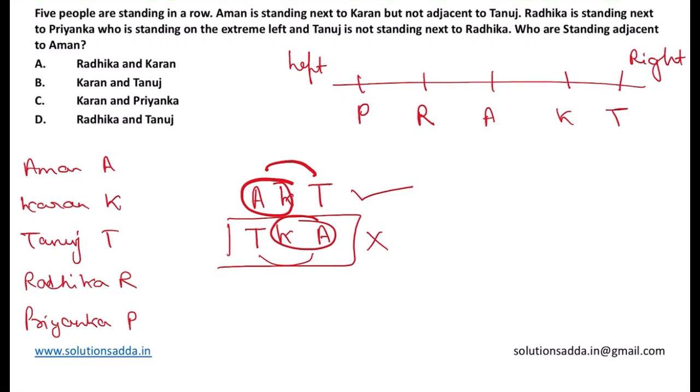Aman is standing next to Karan, that's fine, but not adjacent to Tanuj, that is also fine, as between Aman and Tanuj there is Karan. Radhika is standing next to Priyanka, Priyanka is on the extreme left, and Tanuj is not standing next to Radhika. Therefore, all the scenarios are satisfied.